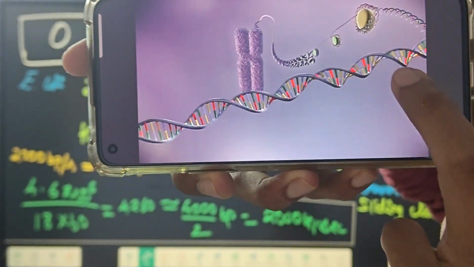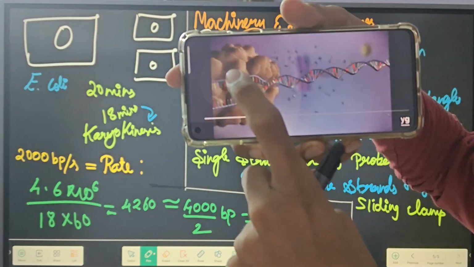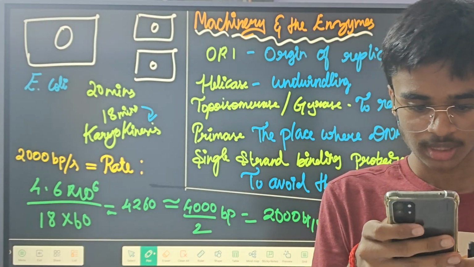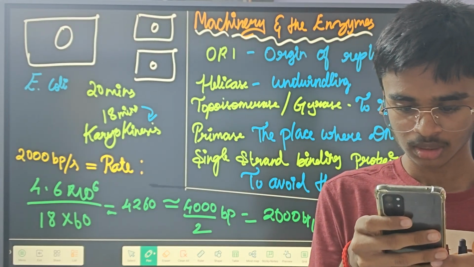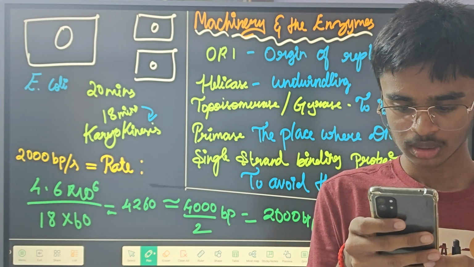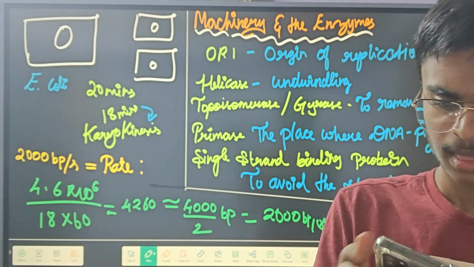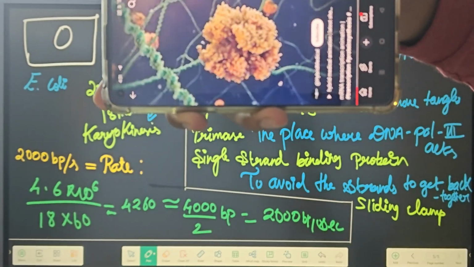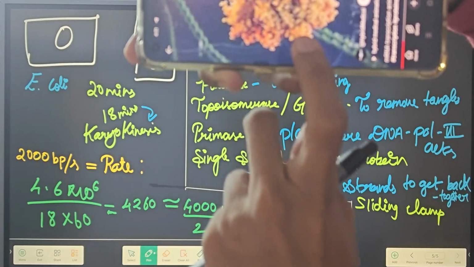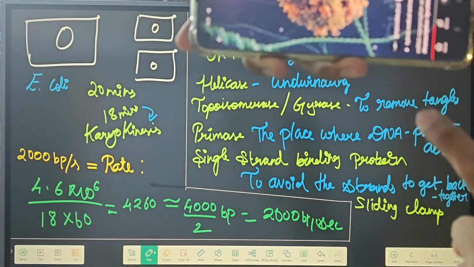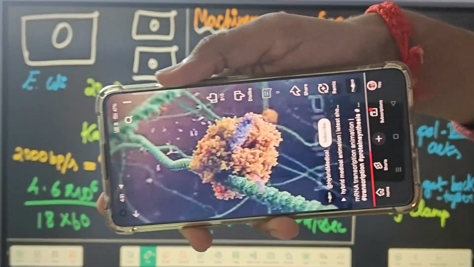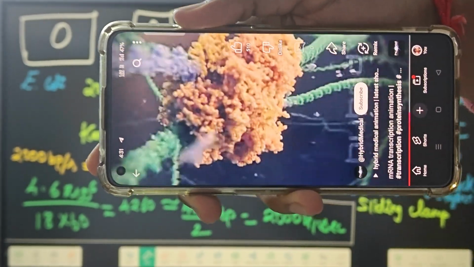this is how normally DNA will be looking. Wait, I will be showing you that video which I had seen. I hope I don't get any copyright issues. This is what the DNA polymerase is, and this is what the DNA is.